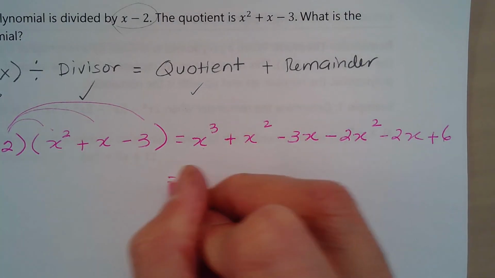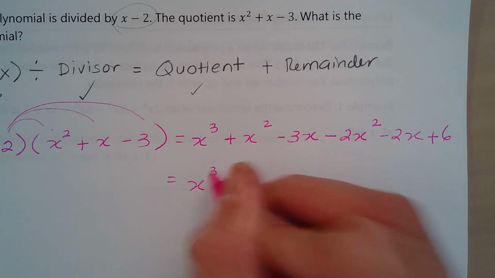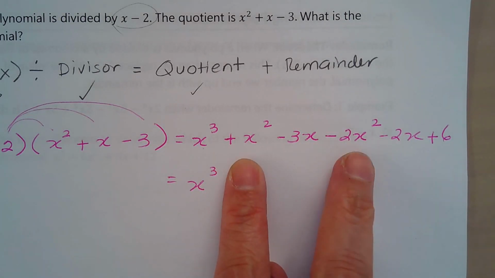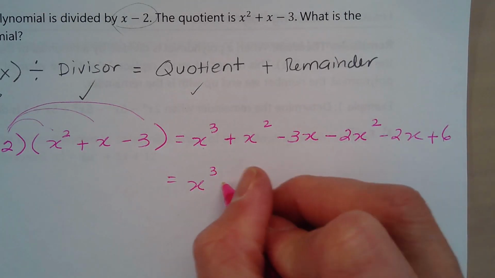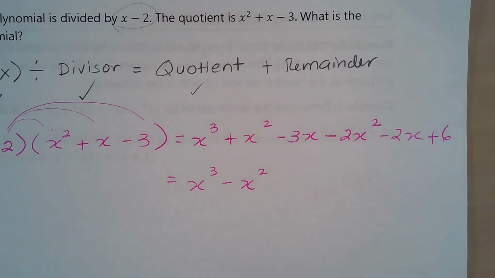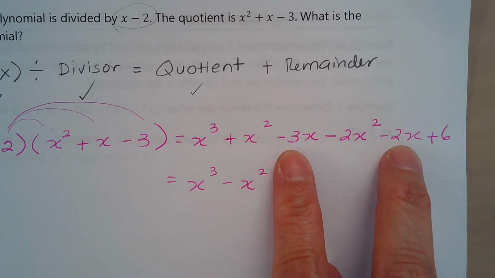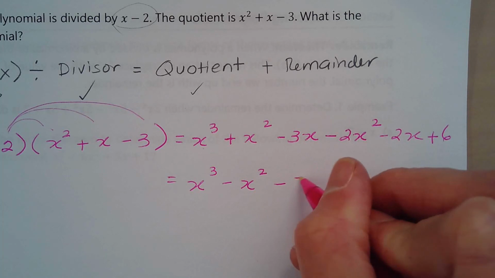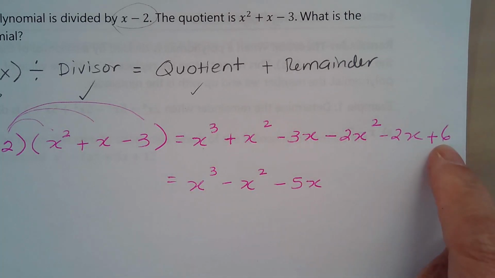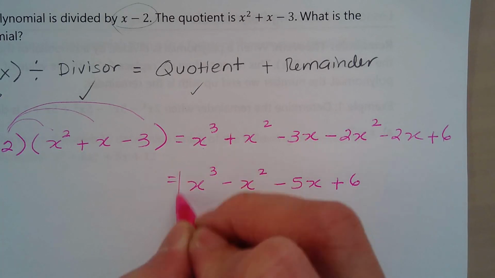So what would it look like? X cubed, combining the x squared terms, we get a negative x squared. Combining the terms with x, we have a negative 5x, and then plus 6. Okay.